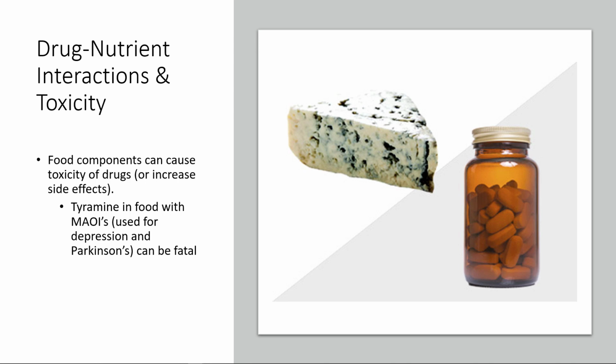These are monoamine oxidase inhibitors, often used for depression and Parkinson's. You do have to watch out for these because when a patient is on an MAO inhibitor, they have to limit their tyramine in foods, which can be commonly found in aged cheeses, wines, and some meats.